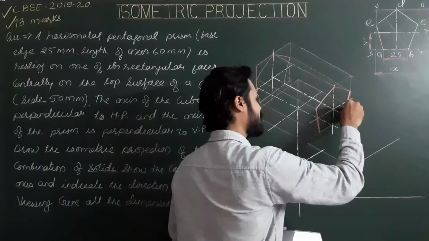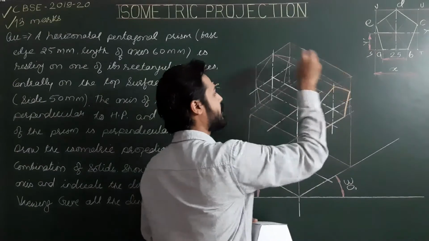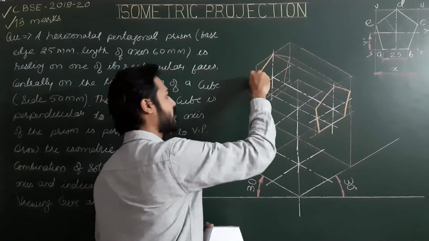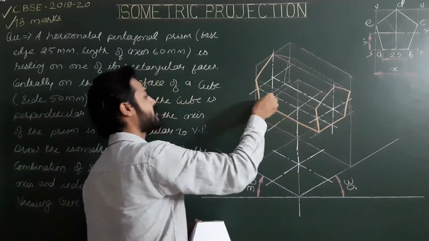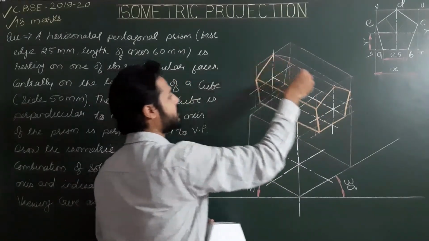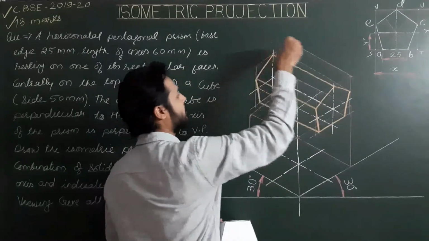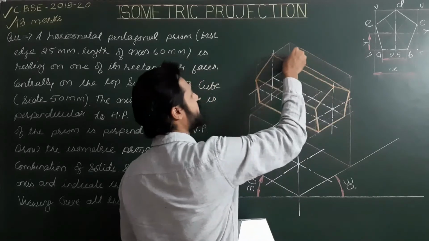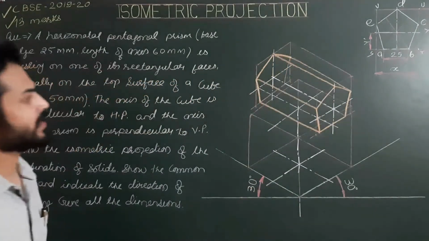So drawing dark lines for them, and then all extreme sides of the rear base. These sides are visible sides, and all visible generators, and lastly from this corner to this corner, this is a visible generator and the last visible side.